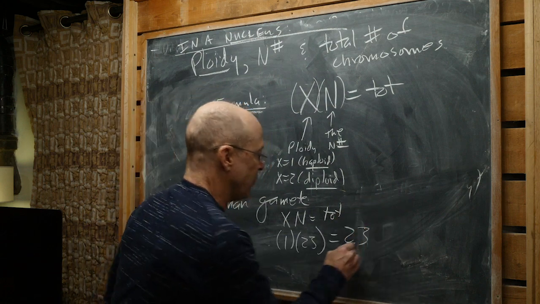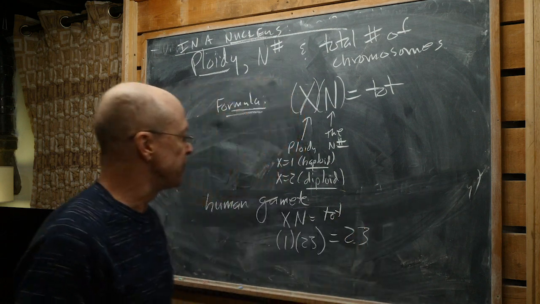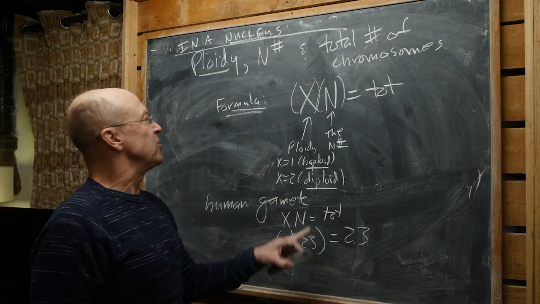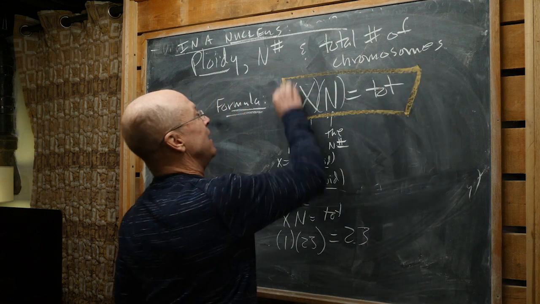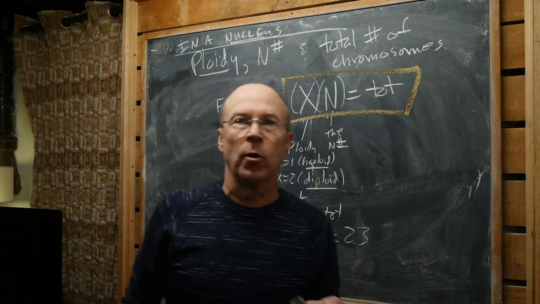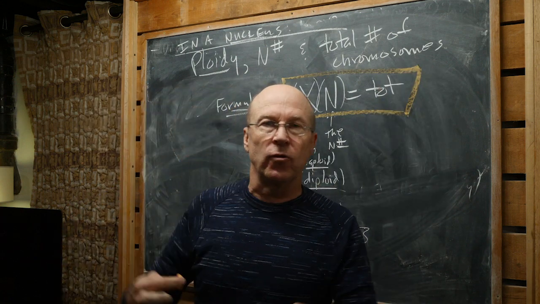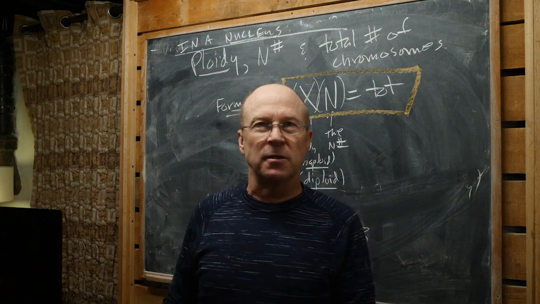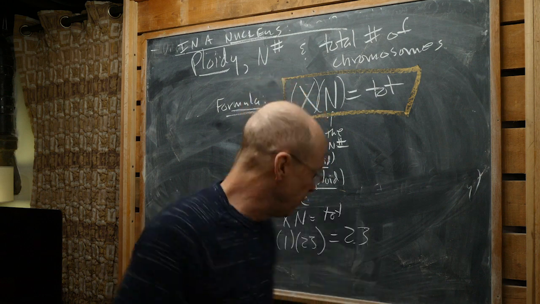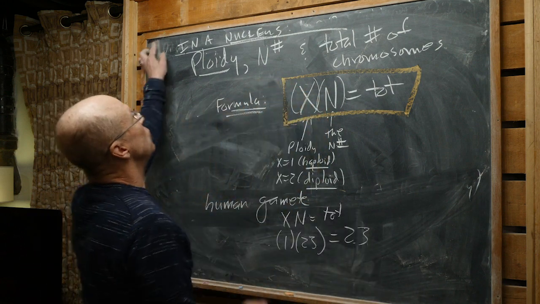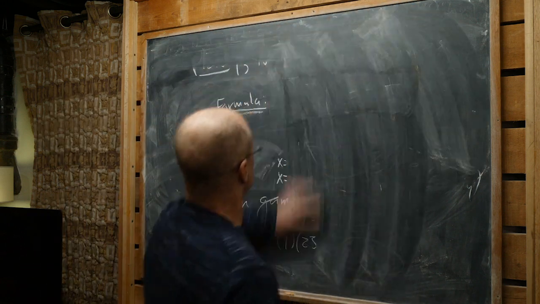So gametes have 23 chromosomes. Now, with this grand formula right here, xn equals total, you can solve all sorts of different kinds of problems in relation to questions asked about chromosomes in nuclei. So I'm going to give you a few examples, a few things that I'd like you to work out.